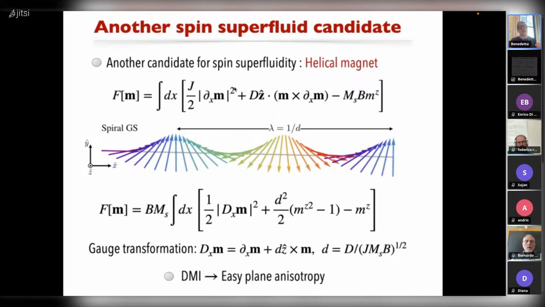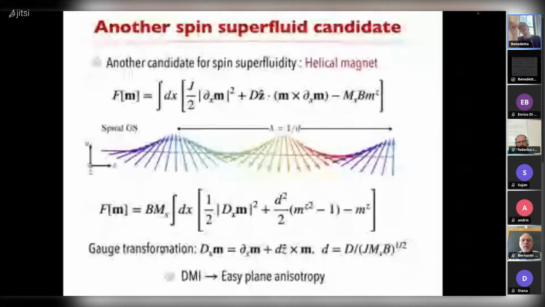Now, if you look at this free energy, at least the first time I realized this connection, I was like, well, but why is this a spin superfluid? So something that was nice for me to notice is that if you perform this gauge transformation, so you define this covariant derivative, then instead of a linearly propagating spin wave, you have a spin wave that propagates with a built-in twist.